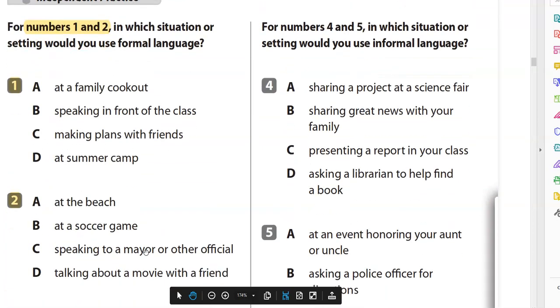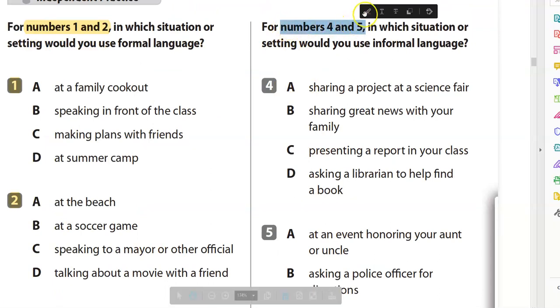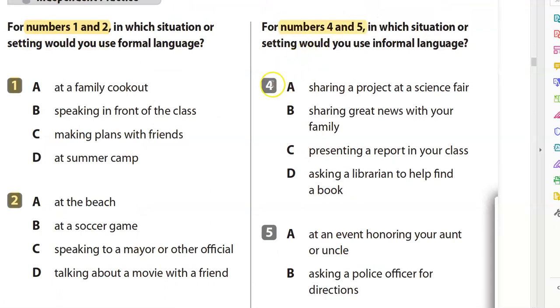The directions for number 4 are the same for number 5. So it says here for numbers 4 and 5. So I'm going to highlight here 4 and 5 have the same directions. In which situation or setting would you use informal language? So remember, informal language is the way you would speak to a friend.